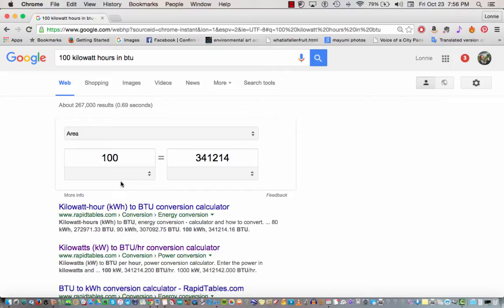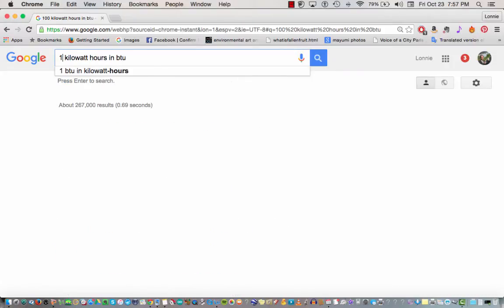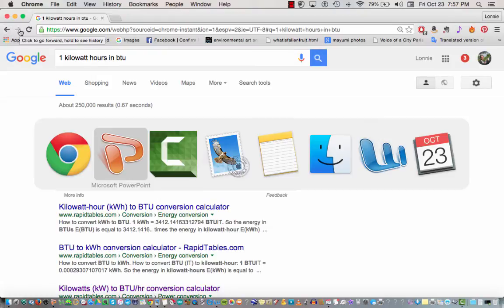You see there's a special window at the top of Google, and it says 100 kilowatt hours equals 341,000 BTUs total. So if you're working on a problem, you can use Google to just translate the units for you. If I wanted to know just 1 kilowatt hour, just what the conversion factor is, I would type that in and it'll tell me it's 3,412 BTUs. Let's get back to our presentation.